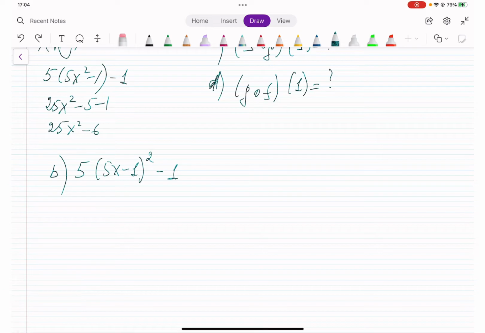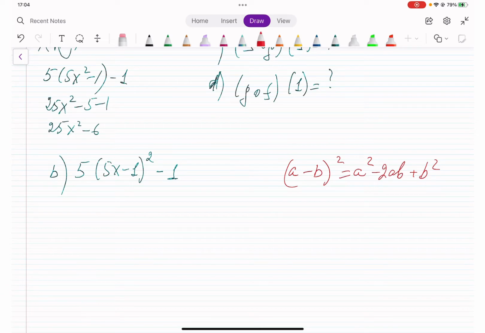So first I'm opening (5x minus 1) squared. First of all, for students who are having a hard time using the formula (a plus b) or (a minus b) squared, that is equal to a squared minus 2ab plus b squared.